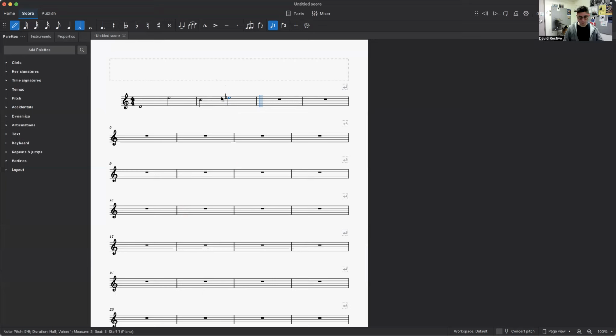Right, so that's what it means to be an E-flat instrument. It just means that concert E-flat, you would write it as a C. Okay? So here's the trick, though.